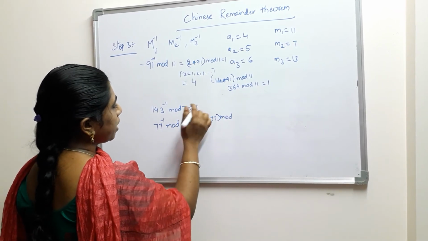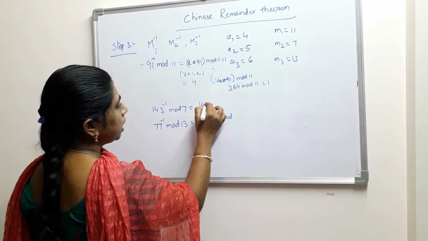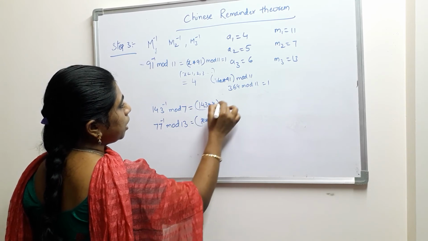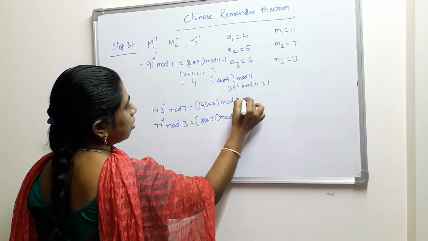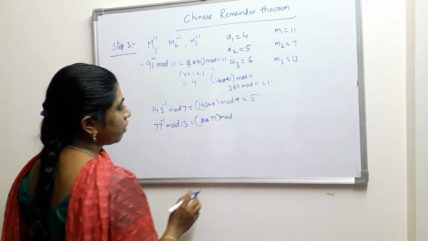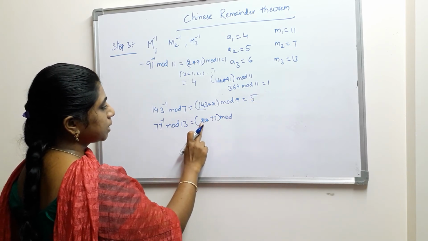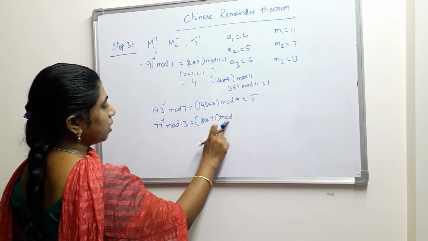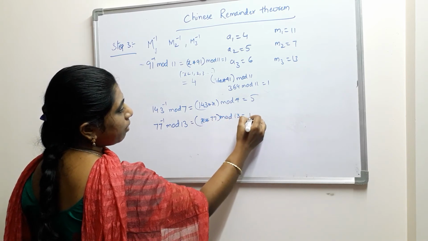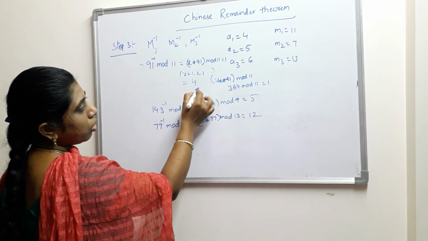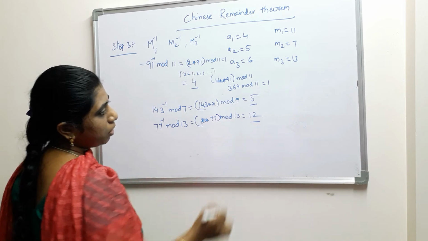So this you can write as 143 into x mod 7, you are going to get the value as 5. Here also x into 77 mod 13, the value is equal to 12. So you are going to get 4, 5 and 12.